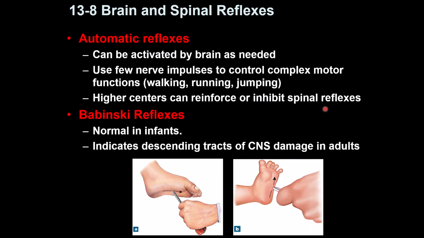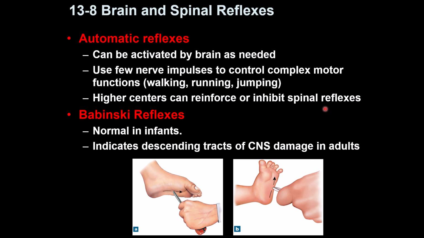By the way, these are the automatic reflexes. Initially when you try to learn something, for example walking or running or jumping, the brain will think about which muscle should contract. As you do that more and more, that is saved in the memory in a specific part of the brain, which I will talk about later, and that becomes a reflex.